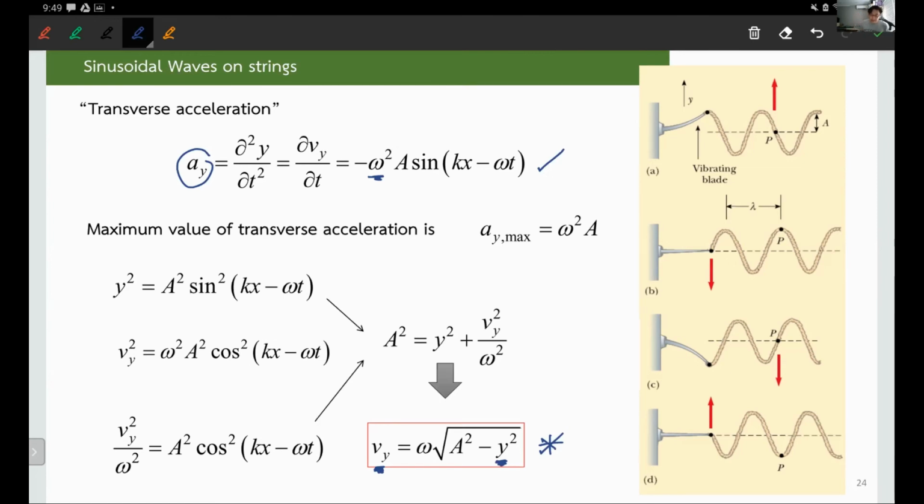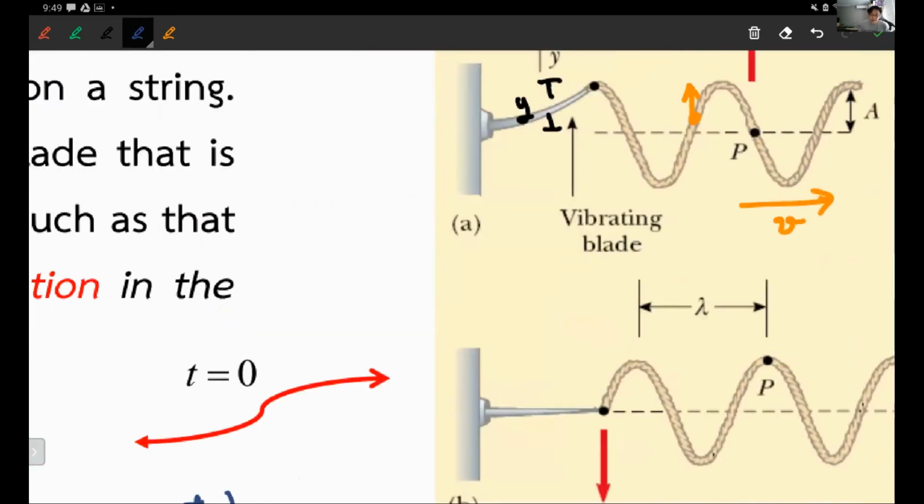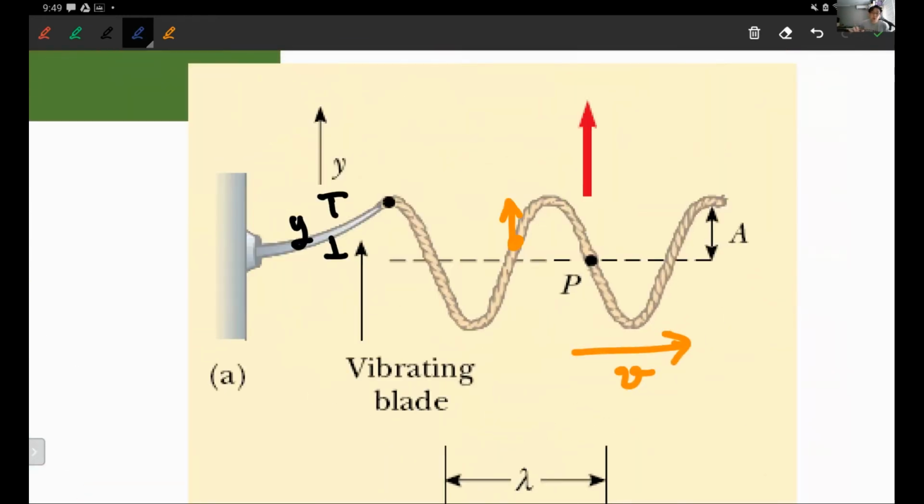Okay. But just to make things a little bit clearer to you guys, make sure that you don't mix between two velocities. There is the velocity of waves and the transverse velocity. Okay, these are the two things. And I think this is the key of the whole waves business over here: there is the wave traveling velocity and there is the transverse speed.